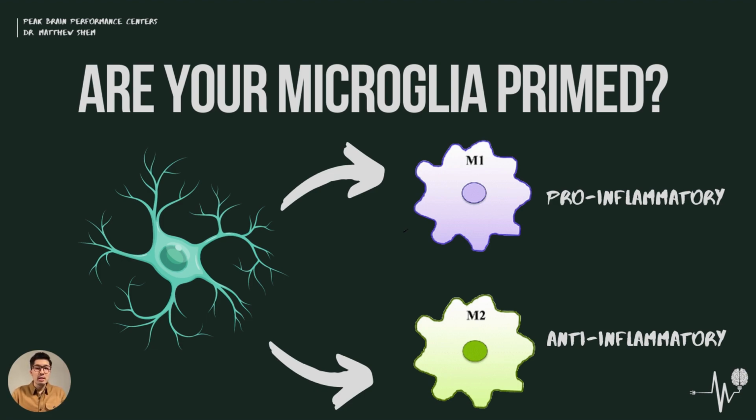But what happens whenever these microglia become primed is you can see how they lose their legs, right? They're more blunted, and that makes it to where they have difficulty getting around. And this makes it to where now they can't survey the territory and go and eat up all the dead debris.